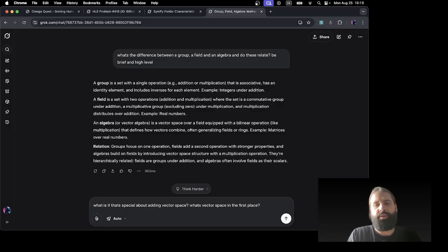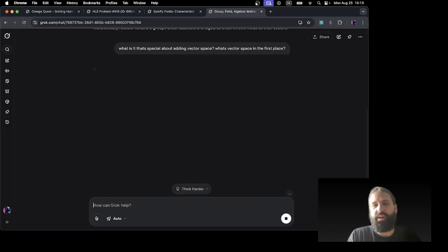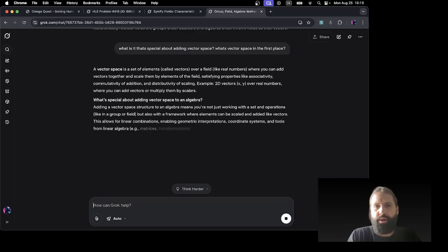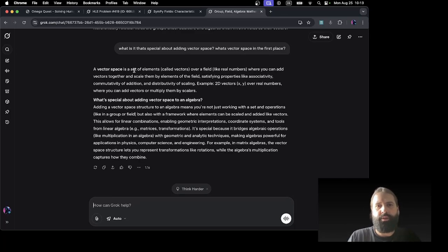It moves beyond scalars. It's a set of elements called vectors over a field, like the real numbers. A field is just the scalars. We can add vectors together and scale them by elements of the field. It adds scaling to the whole thing. Yeah, 2D vectors over the real numbers.